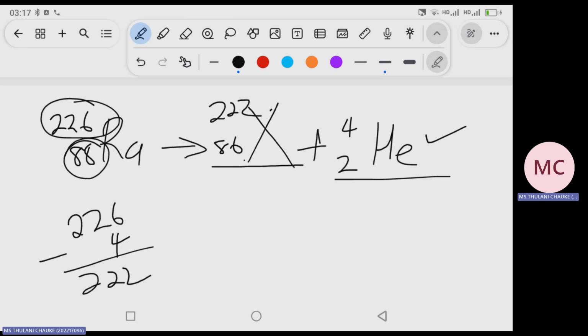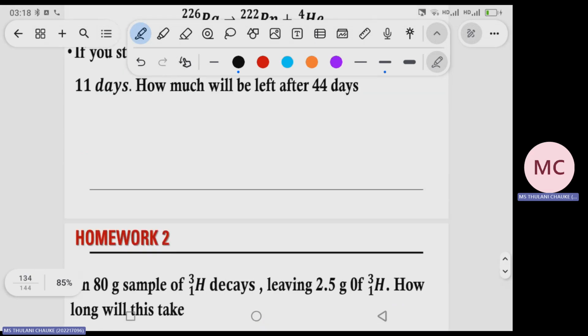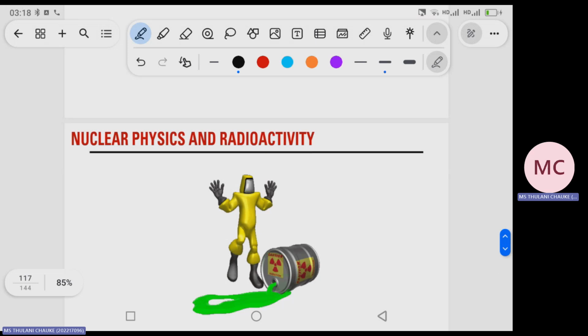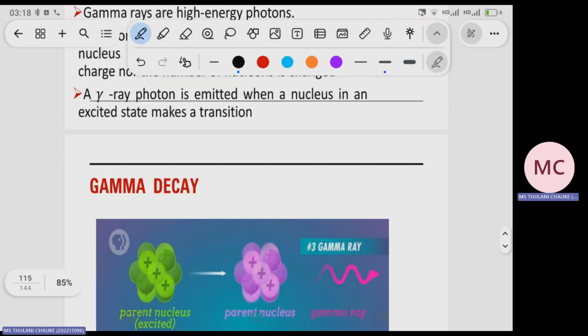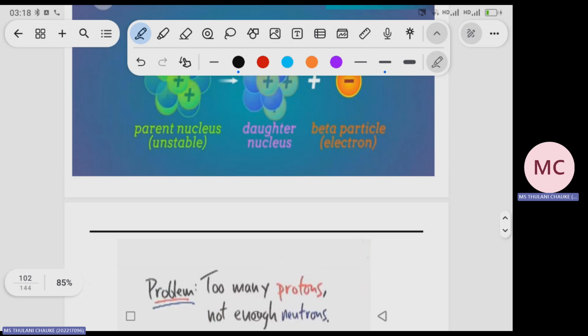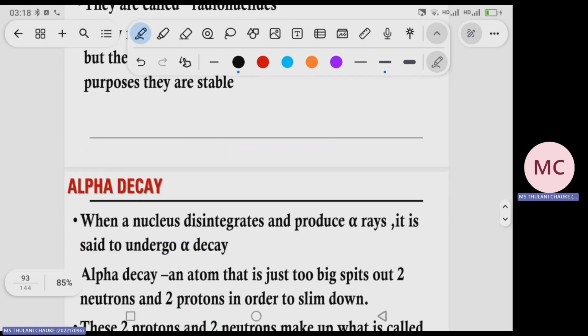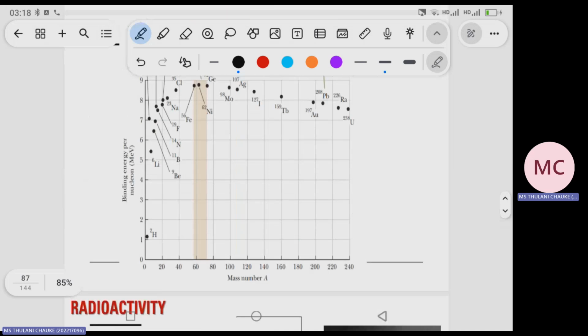So go and look for element x on your periodic table. You will find element number 86. Let's just check it. That's why you have got the periodic table, and they should give it to you.